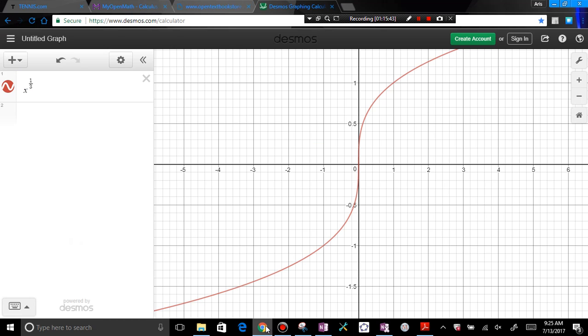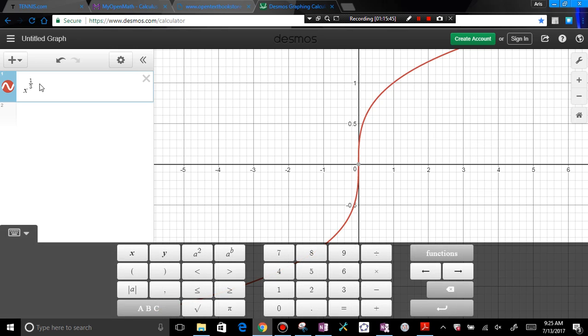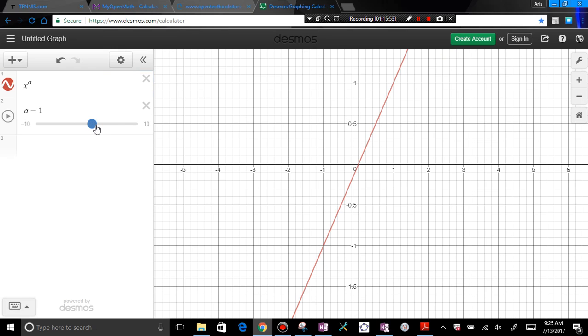What's great about this is that we can at least get some intuition on that. If I call that A and then slide A, there we go. It just doesn't look nice.